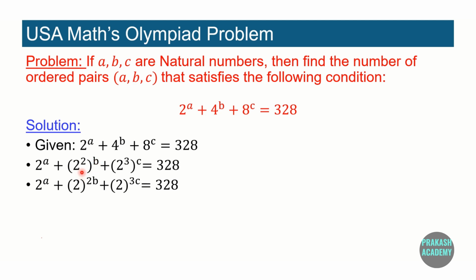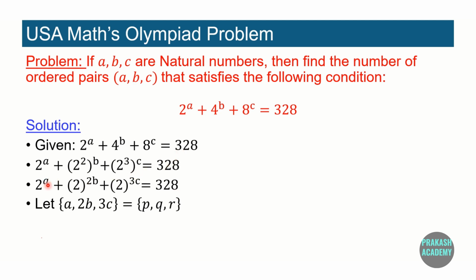So here I have 2 squared raised to the power b, which is the same as 2 raised to the power 2 times b. Similarly here I have 2 cubed raised to the power c, which can be written as 2 raised to the power 3 into c. And this is equal to 328 on the right side.